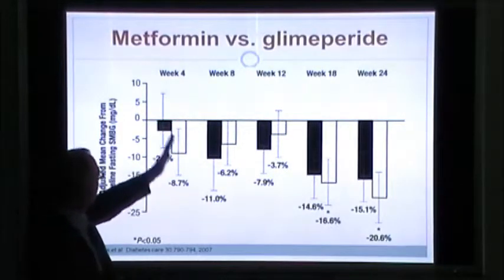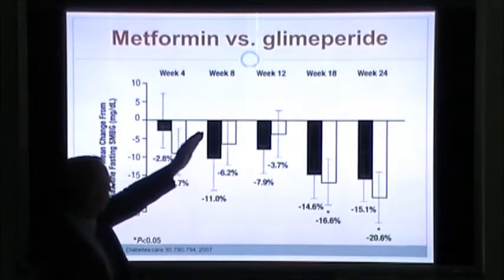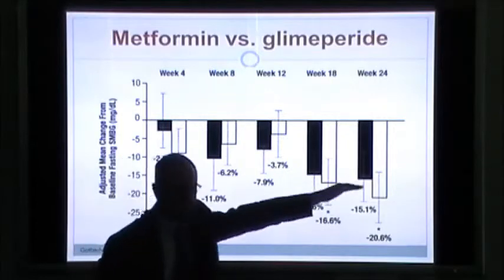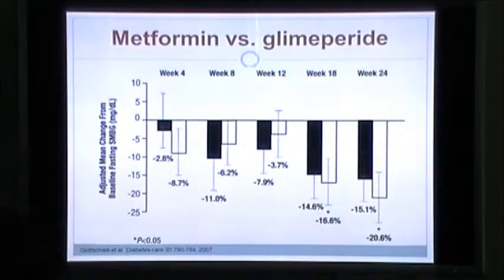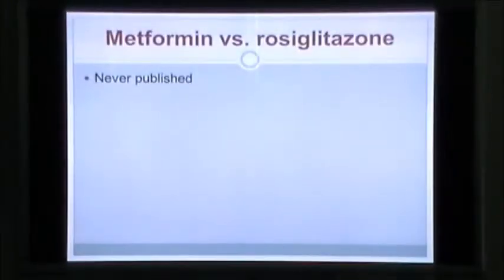Although there was improvement in fasting glucose at 8 weeks, that was lost as you got out in the trial. As I'll show you in a little bit, with some data from adults, that's not surprising because sulfonylureas probably only work for brief periods of time in reality. And we'll come back to that.